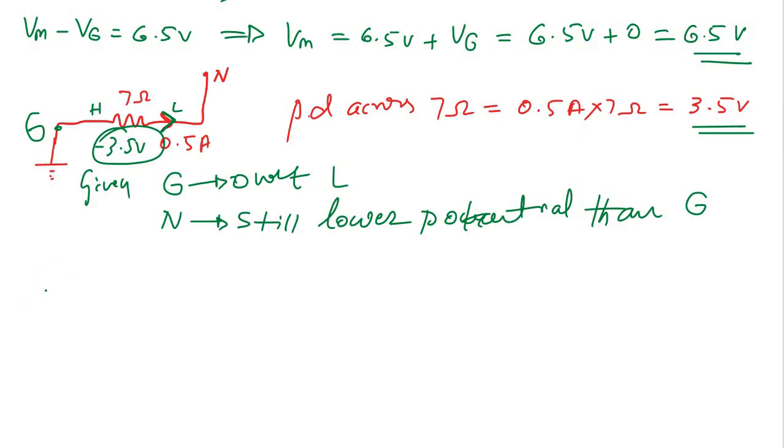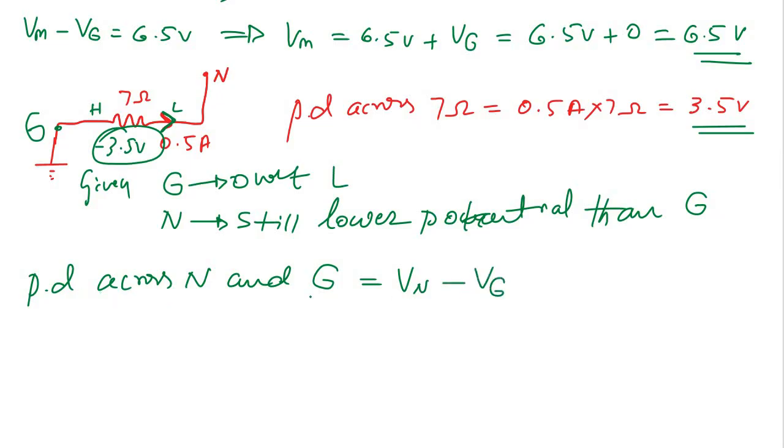One more time I'm writing the potential difference across N and G. This equals the potential at N minus potential at G, right? How much potential difference am I getting? I am getting 3.5 with negative sign with respect to ground.